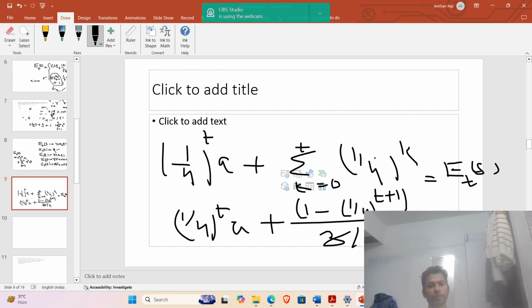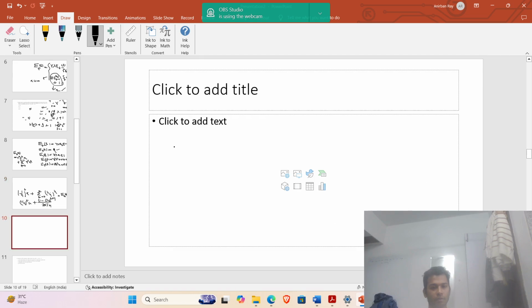So to maximize it, you take the derivative and equate to 0 here. So this becomes ln 1 by 4 times 1 by 4 to the power t.